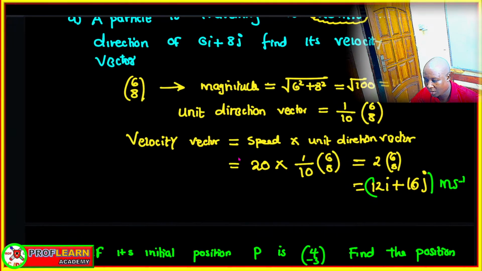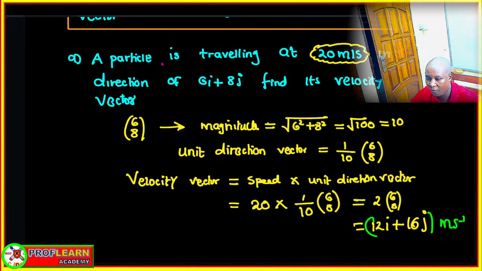So in that case, for you to find the velocity vector, this is the second example, you find the magnitude of this vector here. We find the magnitude by saying 6 squared plus 8 squared, then you find the square root, and you get 10.